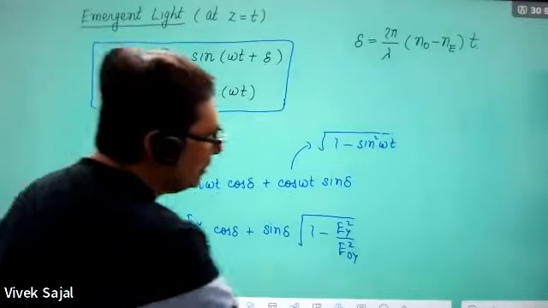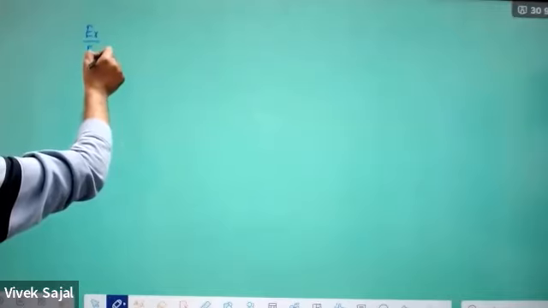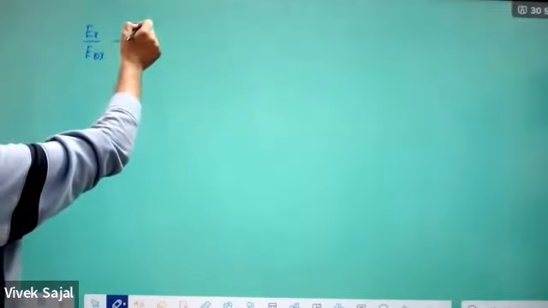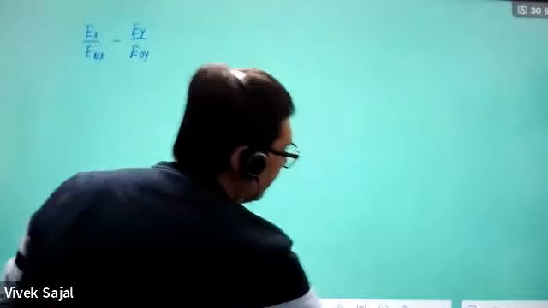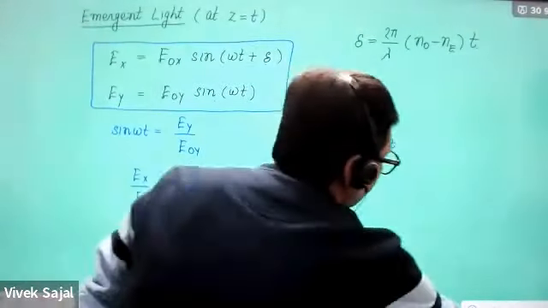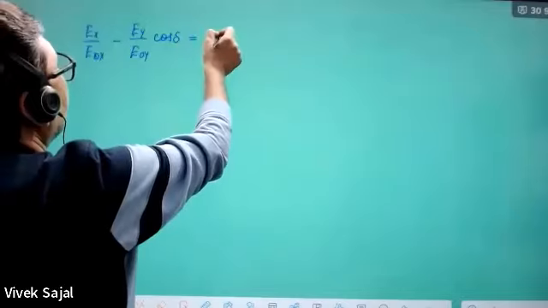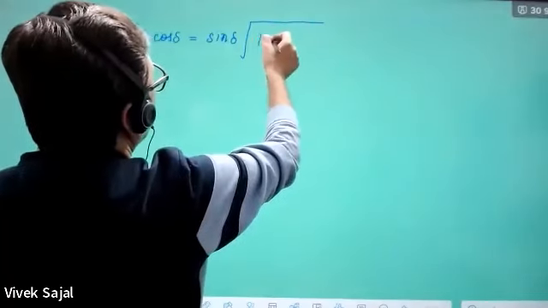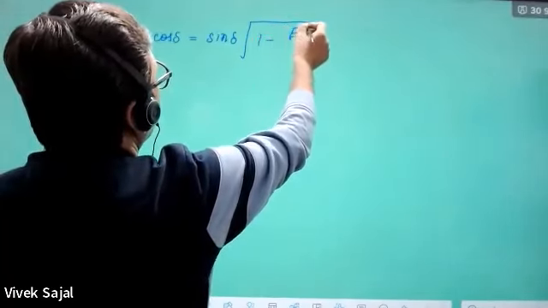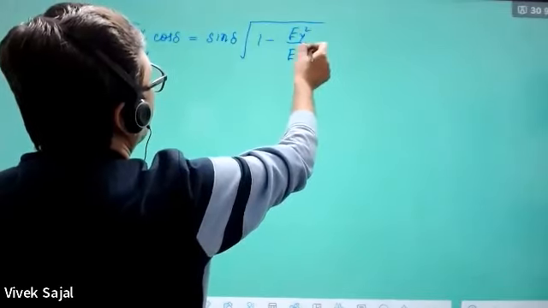So it will be Ex by E naught x minus Ey by E naught y cos delta equals sine delta times the square root of 1 minus Ey square upon E naught y square.